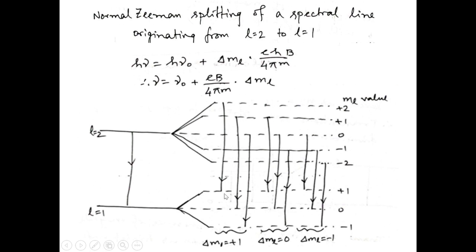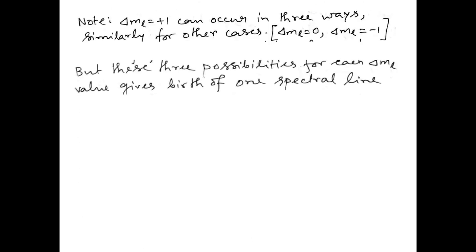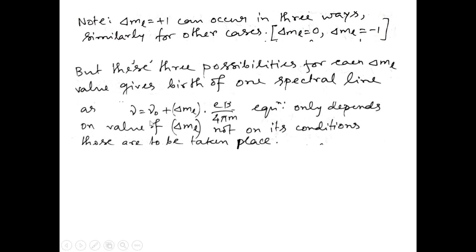It does not mean that the delta ml values are different. As delta ml equals plus 1, nu equals nu 0 plus eB by 4 pi m. So it is the number of ways through which it can be changed. As nu equals nu 0 plus delta ml eB by 4 pi m, the equation only depends on the value of delta ml, not on the conditions under which it takes place.